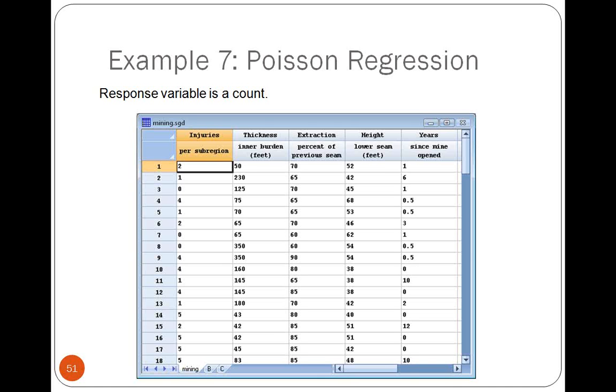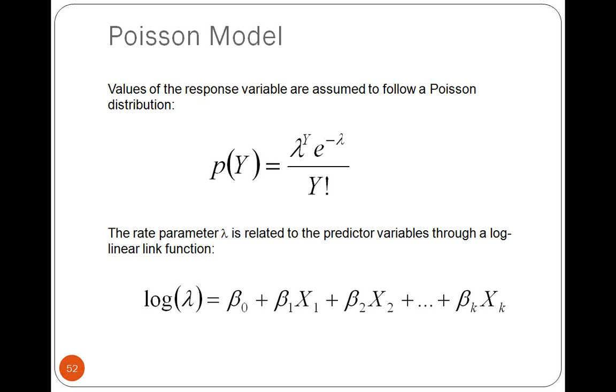What we want to do in this case is build a model for injuries. Injuries is the Y, the other factors are the X's. Now, what's different here? Well, Y is discrete. I'm not going to be interested in predictions that give me a minus 1.5 or something like that, right? So we have to do something special to handle the counts. Well, the way you build a Poisson regression model, you start by making an assumption.